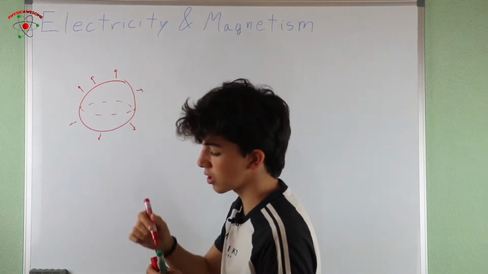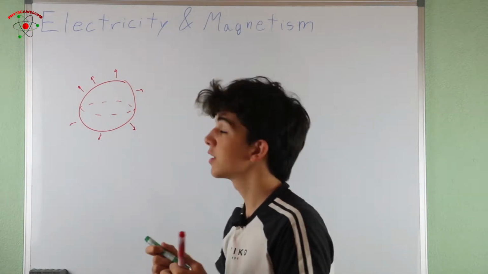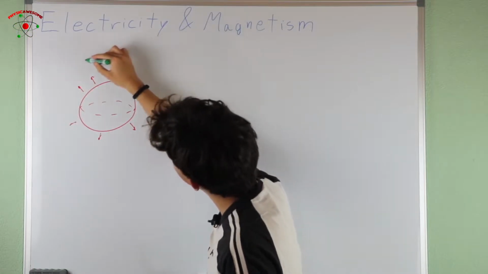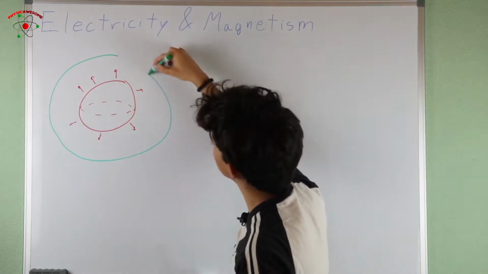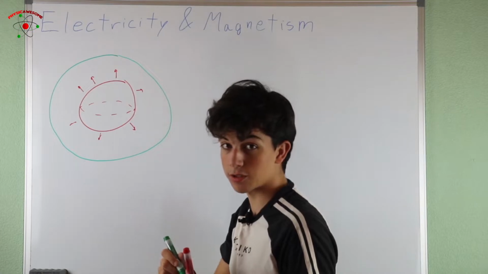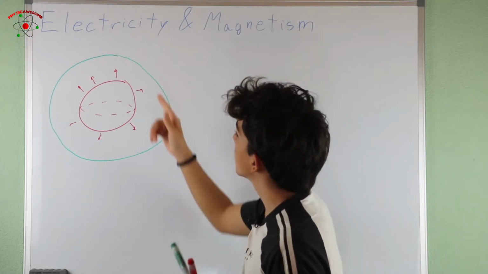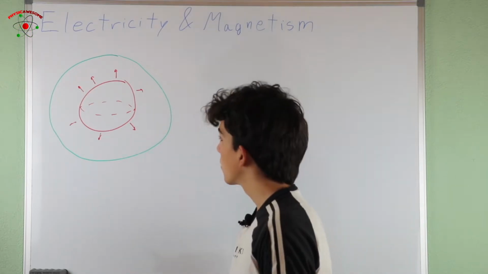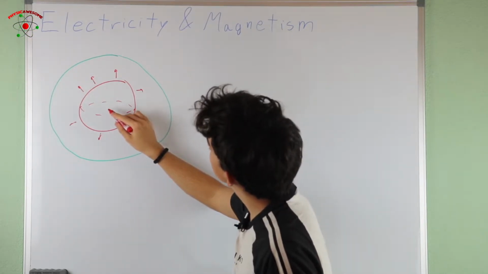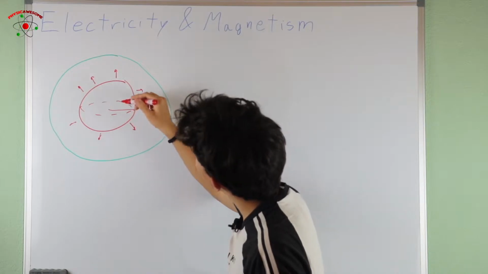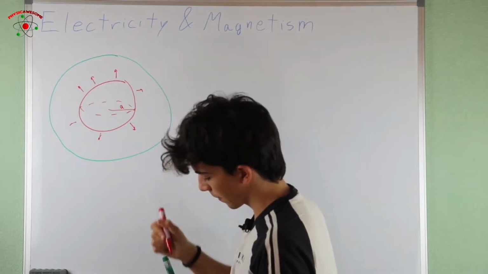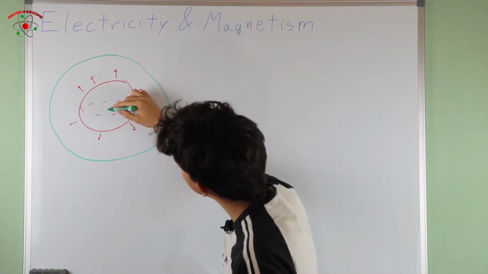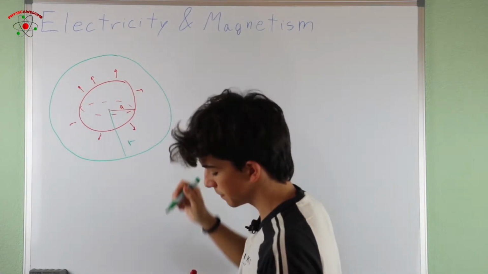In the spherical radial direction, not the cylindrical coordinates one. Our Gaussian surface, we will start with the region from the outside, is going to be a sphere around our sphere. We are going to say that the radius of our sphere is A, and the radius of our Gaussian surface is R.